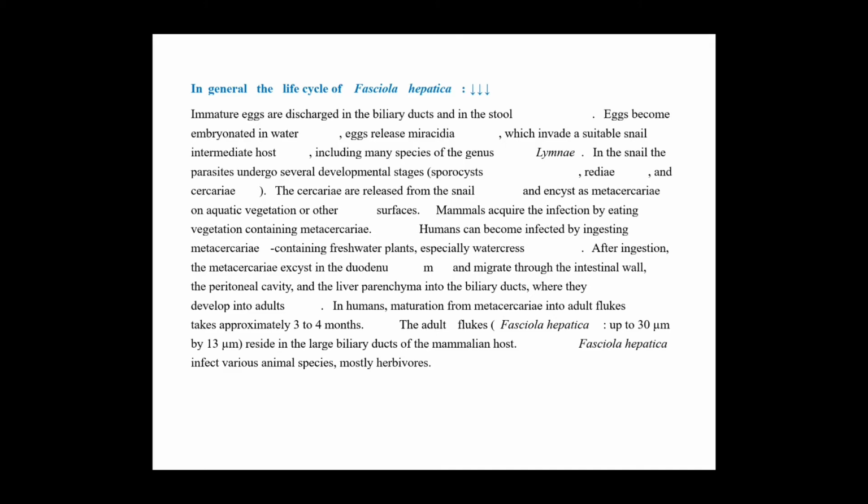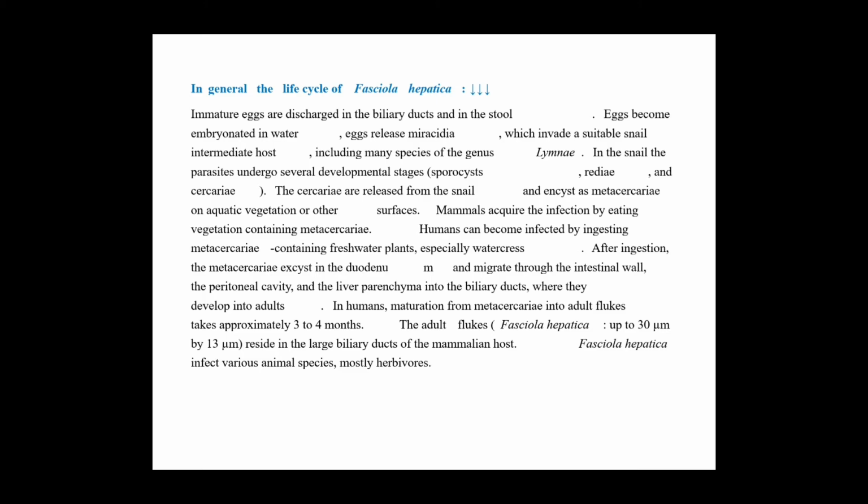A human can be infected by ingesting metacercariae on freshwater plants, especially watercress, and after infection, the metacercariae excyst in the duodenum and migrate through the intestinal wall, the peritoneal cavity, and then to the liver parenchyma and to the biliary duct, where they develop into adult worms or flukes.